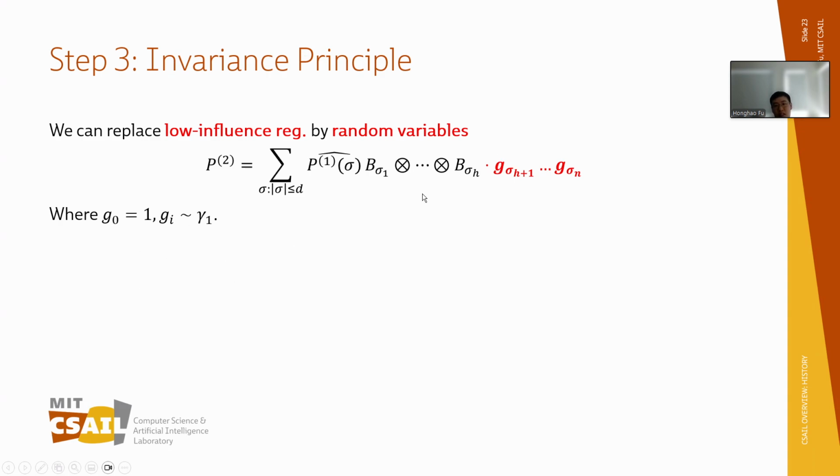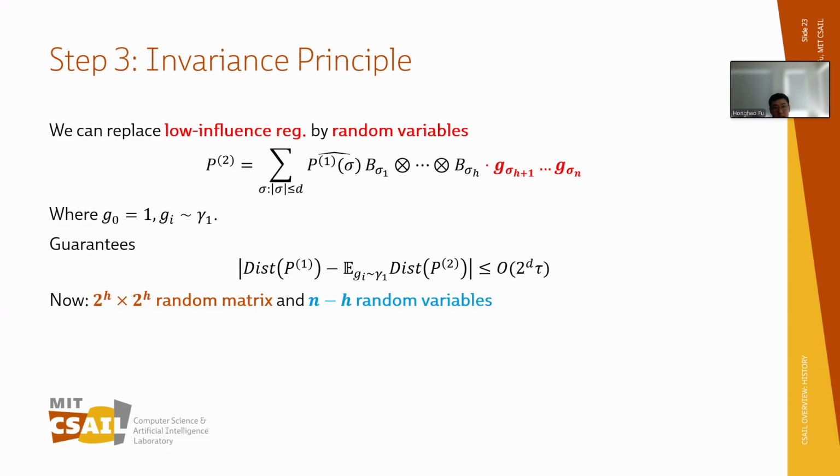But if sigma i is 0, then it's just a 1. There's no randomness. It guarantees that the distance from P1 to all the PSD matrices is going to be very close to the expected distance, where you take the expected value over all the random variables.